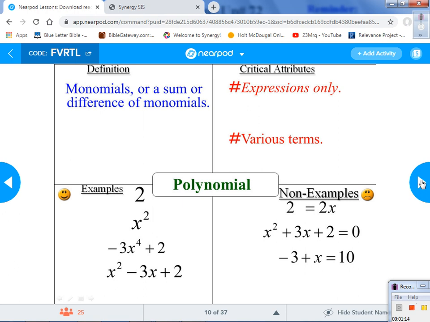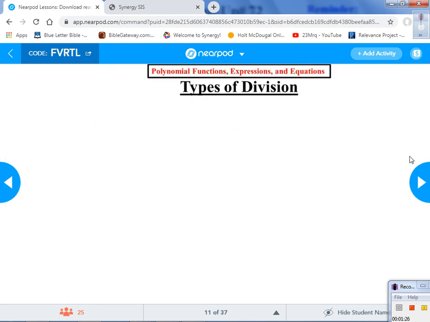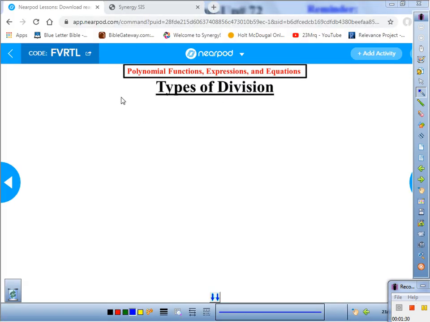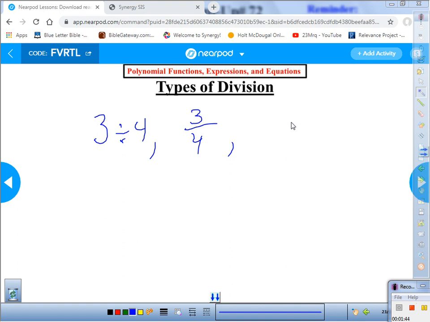Before we left for break, we did cover division of polynomials. Before I started with that, I showed you the different ways of writing it: one way was 3 divided by 4, another way is 3 over 4, and the last way was 3 divided by 4, long division.